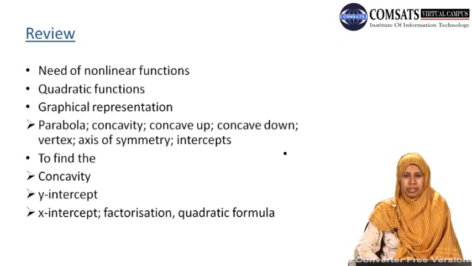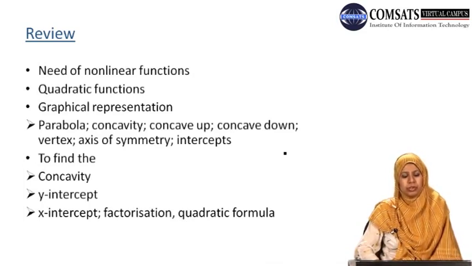In our last lecture we defined what we mean by quadratic functions, and we did a lot of examples to see how we can identify whether the given function is a quadratic function or not. And if it is not a quadratic function, what are the problems which cause it not to be a quadratic function.